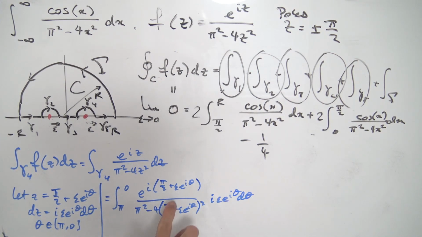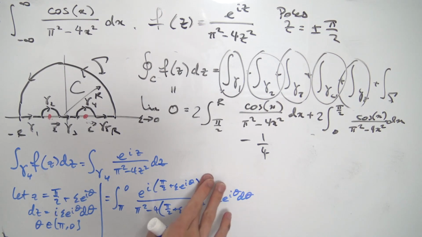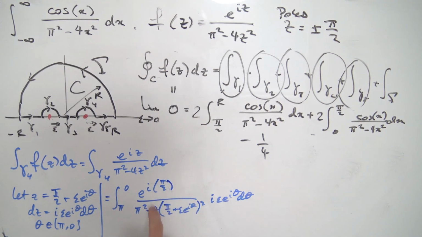Okay, and now same deal as before. This part right here in the limit, that's going to disappear off. This is going to leave us with an i right here. So we have an i, and i times i, that's exactly minus 1. So we have minus 1 right here, and minus 1, we can use that to switch the bounds of this integral, which is quite nice. So now we're going from 0 to pi.